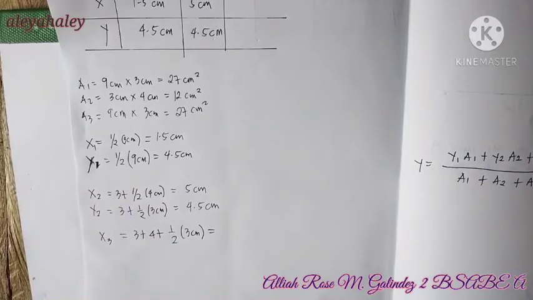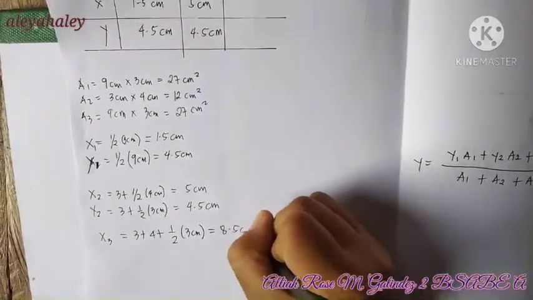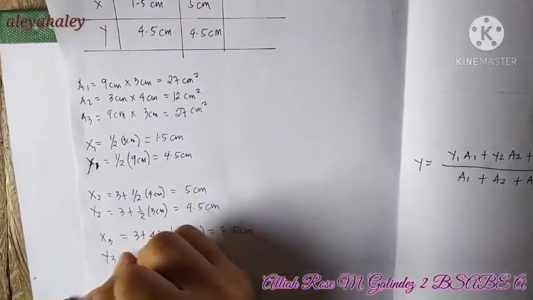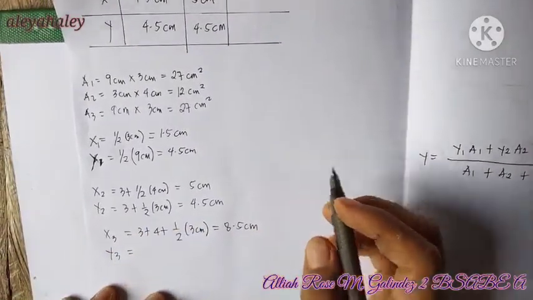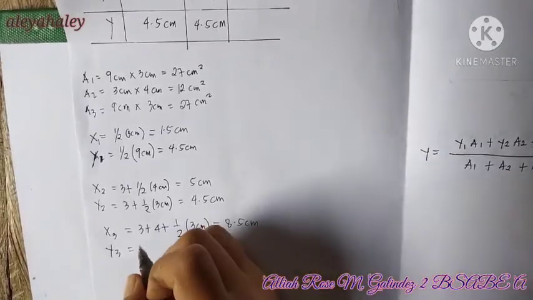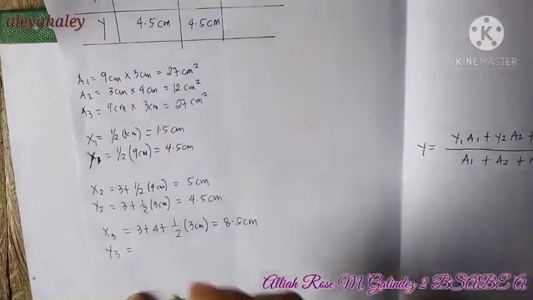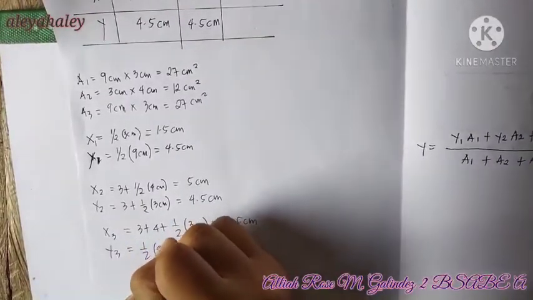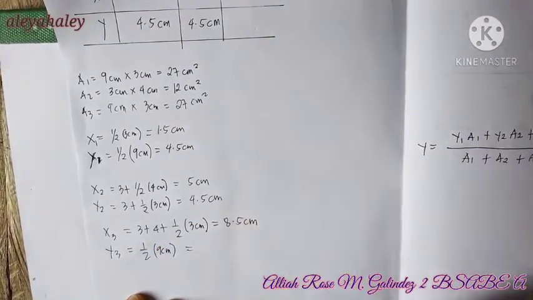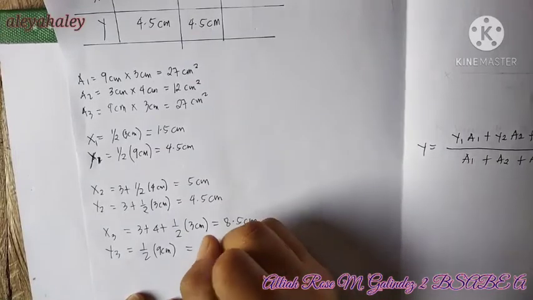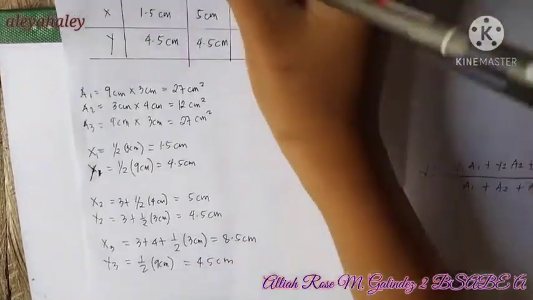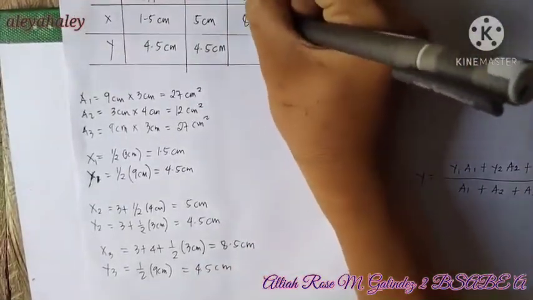So we have 8.5, and the y for part 3, we have the half of the 9 centimeters. So this is probably 4.5 centimeters, 8.5.